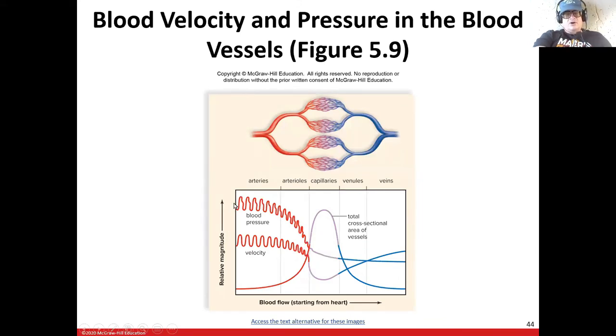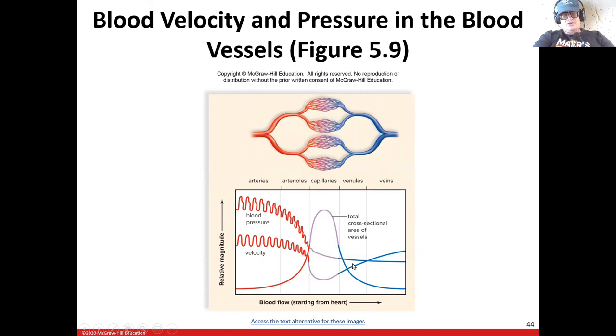The heartbeat is only being shown on the arterial side. When we get to the capillaries, we've got so many capillaries spread out so much the pressure has dropped way down. Everything from there on, you're not seeing huge spikes in pressure.